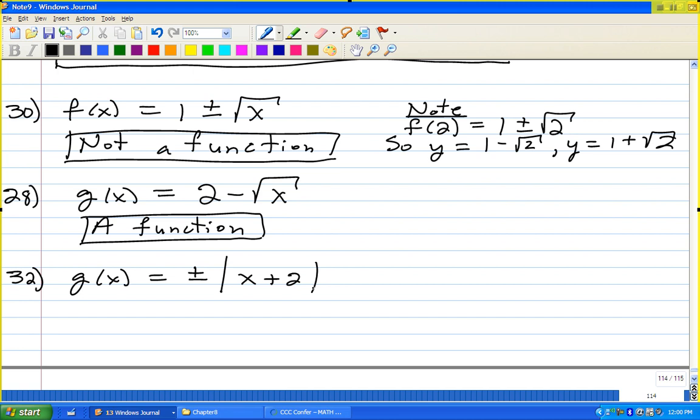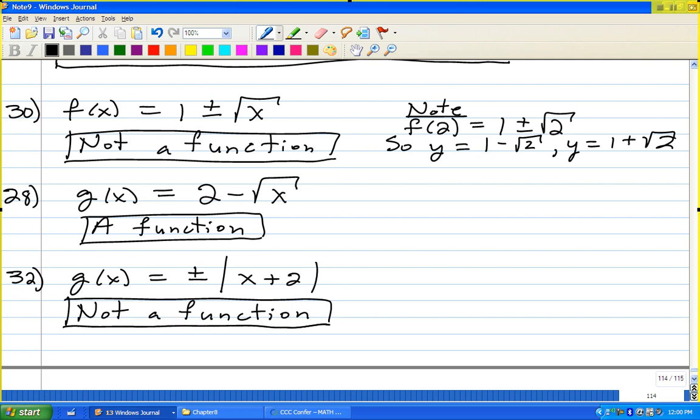Again, if you input some value, let's say 0, then you get 0 plus 2 is 2. Absolute value of 2 is 2, but it's plus or minus 2. So sometimes you get 2, sometimes you get negative 2. So this is not a function because your output is not unique. And so this is not a function.